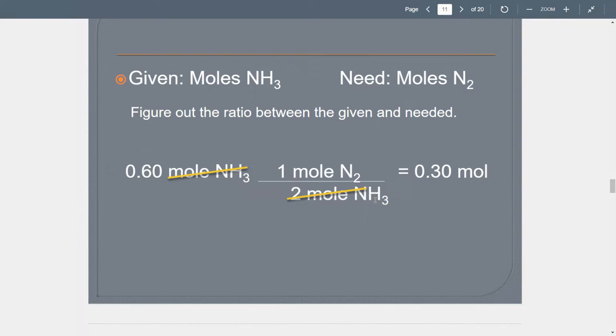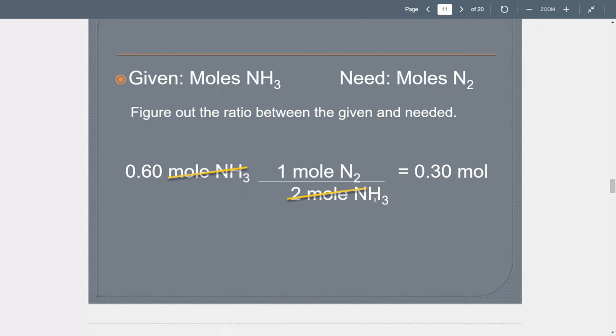Here, I used my mole ratio in my T-chart to convert between ammonia and nitrogen. Now that I'm fully in nitrogen, you're going to do what you did last week. You have moles of nitrogen, convert that to grams of nitrogen. So this is just adding on a step before your moles to grams conversion.